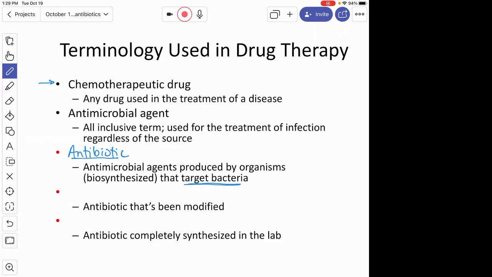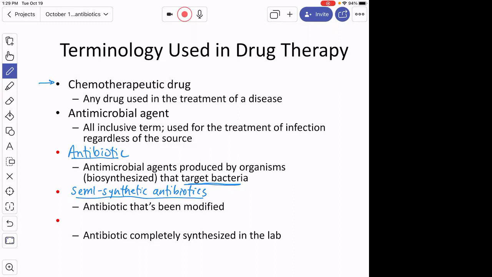And then we have drugs that are semi-synthetic. So today, we actually can modify parts of that natural product of the antibiotic that's been secreted by the mold or that bacteria.